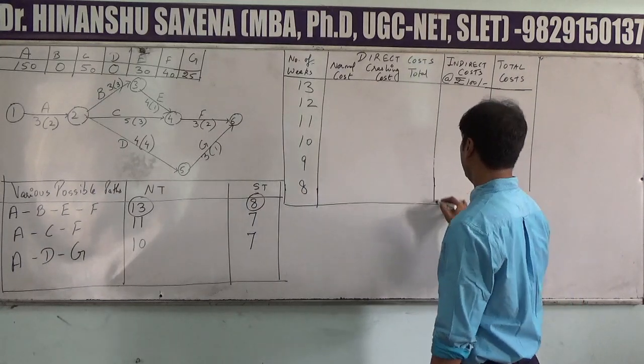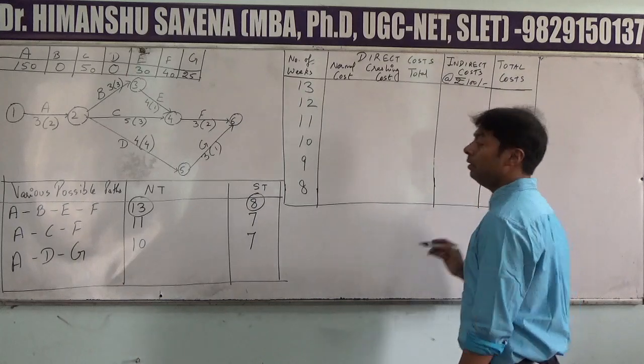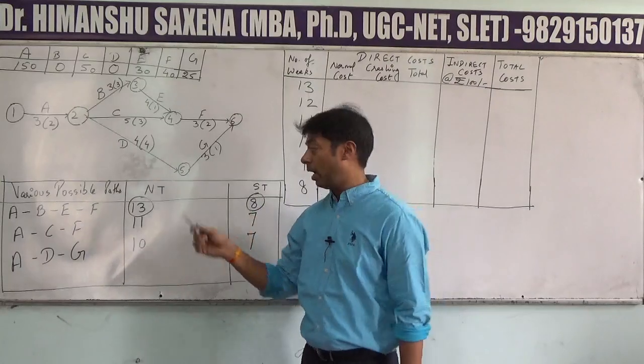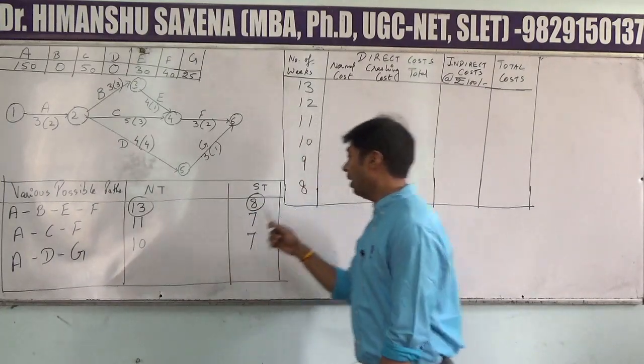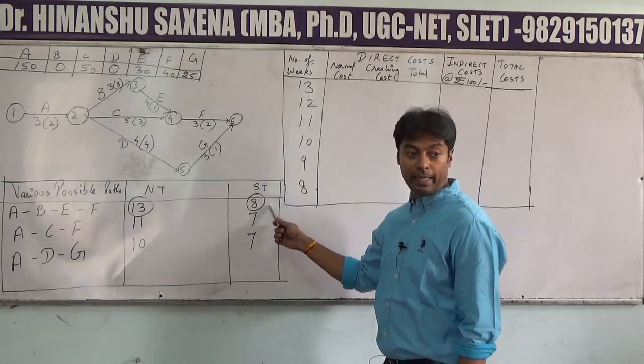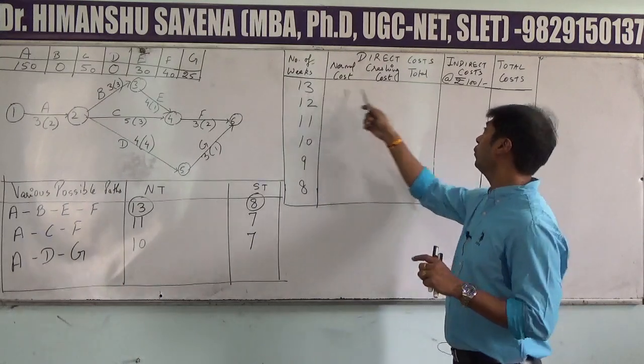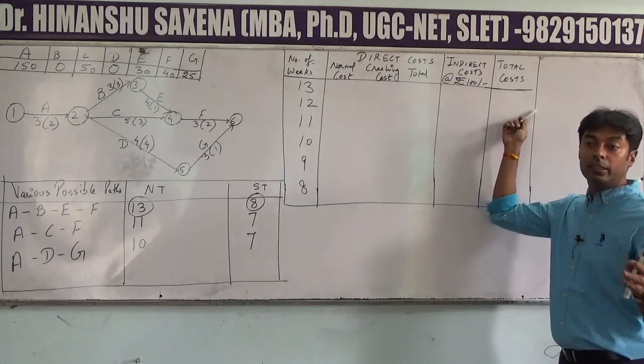Remember that the crashing interval is derived by taking the highest values of both these columns. So this will give us the interval of crashing. That means we are going to find out the total cost at each interval.